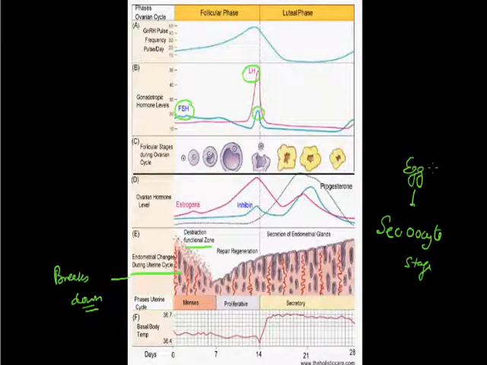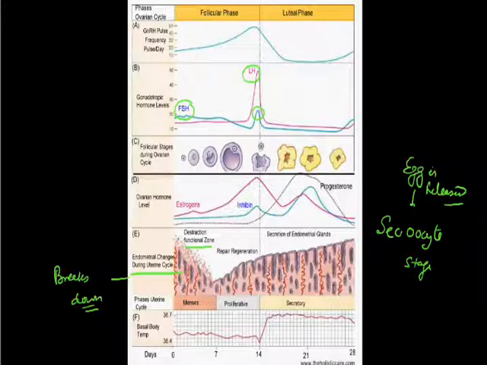It's a very important question. That egg is released in the secondary oocyte stage from the ovary, and when the egg is released, there are two chances. One is that it will be fertilized, and another is that it will get wasted. In case it is fertilized, then pregnancy starts.